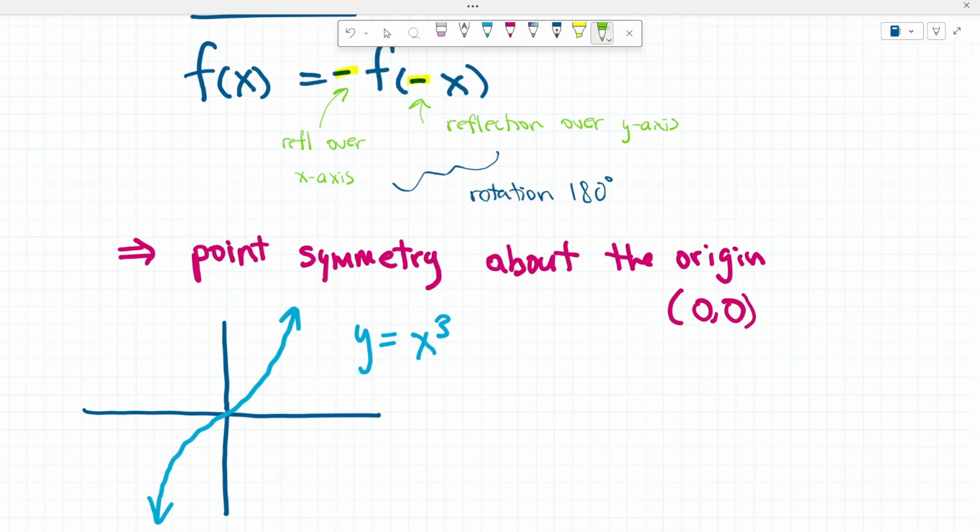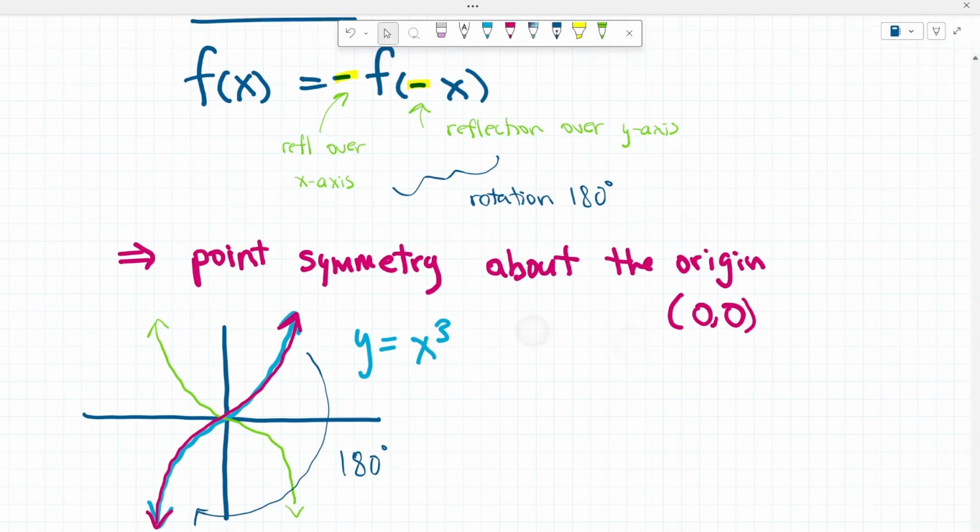So we reflect it over the x-axis. What's going to happen here? So we got something that's going to look like this the other way, and then we're going to reflect that once more over the y-axis, and then we will end up with something that looks back like this, which again is our original function. Or, like I said, you can simply do a rotation of 180 degrees, and you will end up again with the same function.